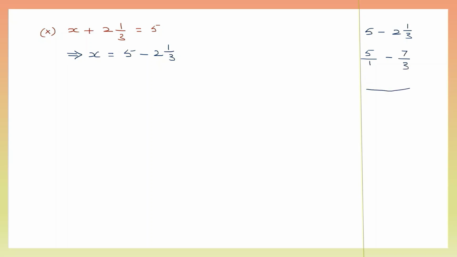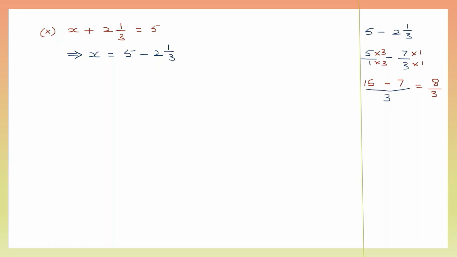Now the LCM of 1 and 3 will be 3. Now let's find the new numerators. 1 into 3 is 3. So 5 into 3 is 15. Minus 3 into 1 is 3. So 7 into 1 is 7. So here 15 minus 7 is 8 by 3.